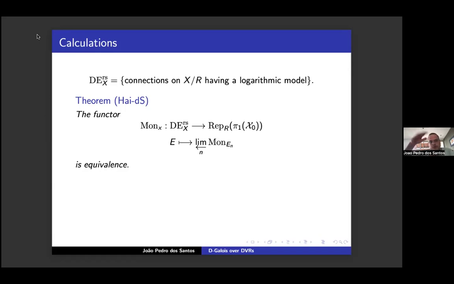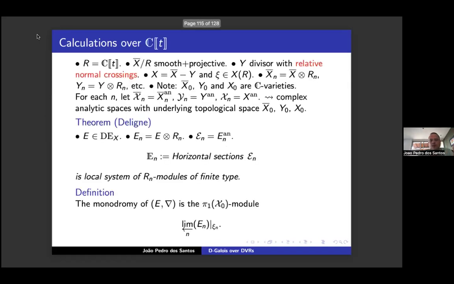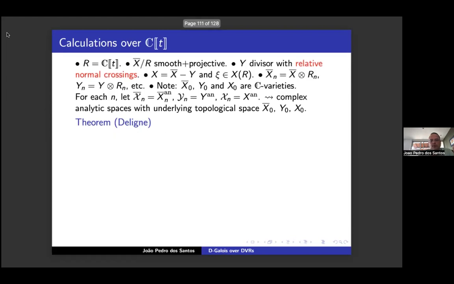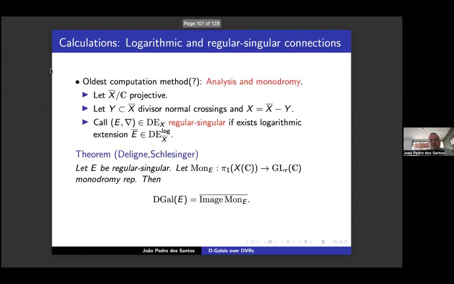At the end I'm throwing stuff under the rug, because what this theorem is saying is the following: once you have a connection on your variety, this is why Deligne is showing up here. Schlesinger is much older, but I put Deligne's name here. Why is that? Because Deligne proves the following.